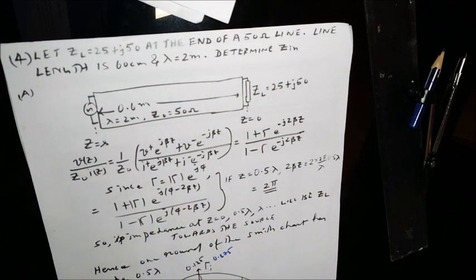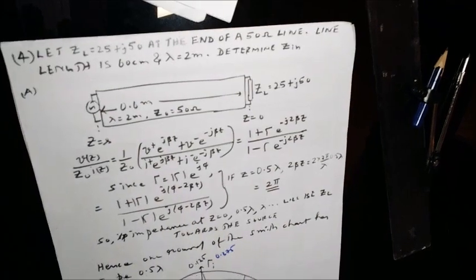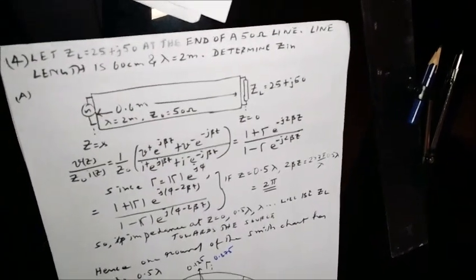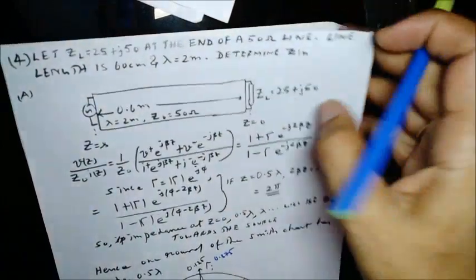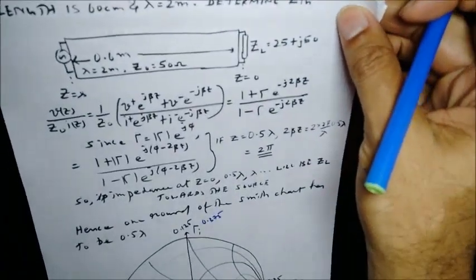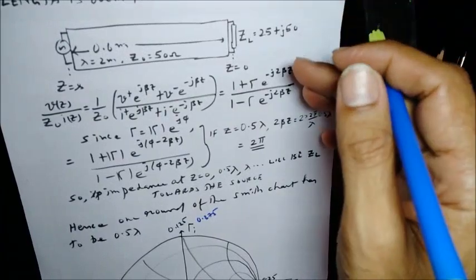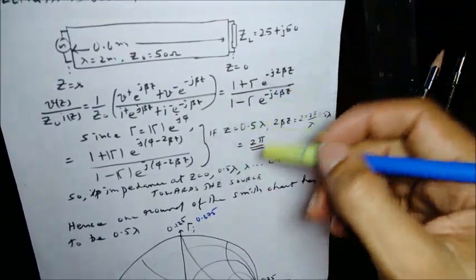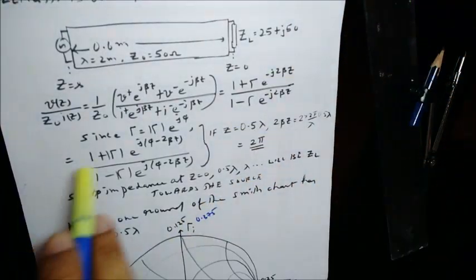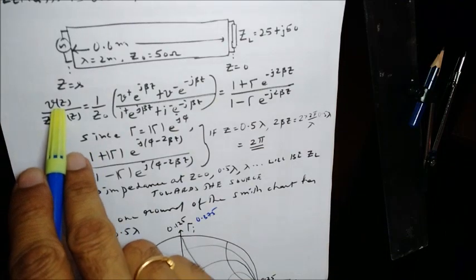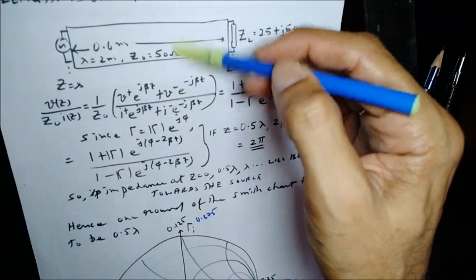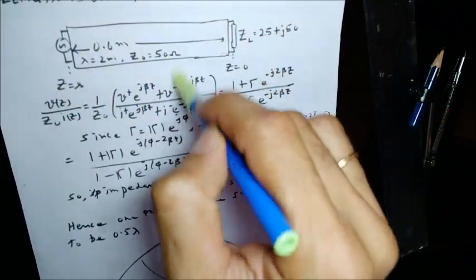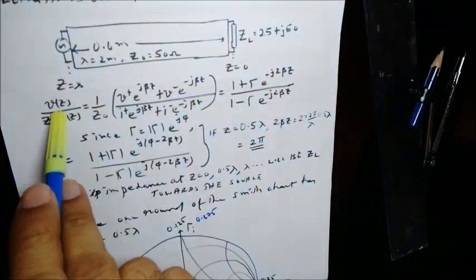So in the previous problem, we discussed how to use the Smith chart to calculate the reflection coefficient. So there's a little bit of theory which I have to explain here to make you understand how we can use the Smith chart to calculate the input impedance. Now the impedance at any point z of the transmission line, the normalized impedance, is Vz by Iz.